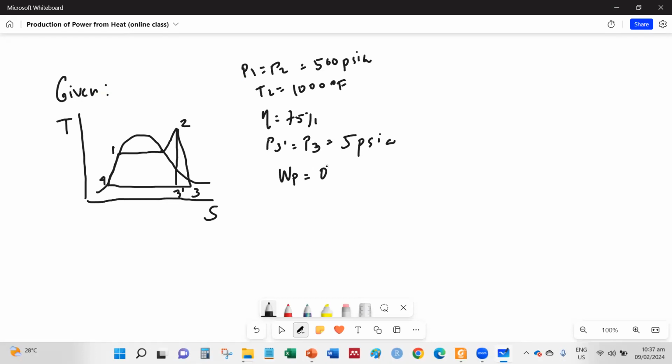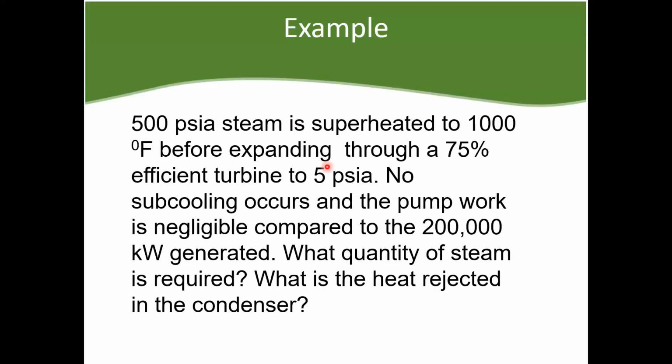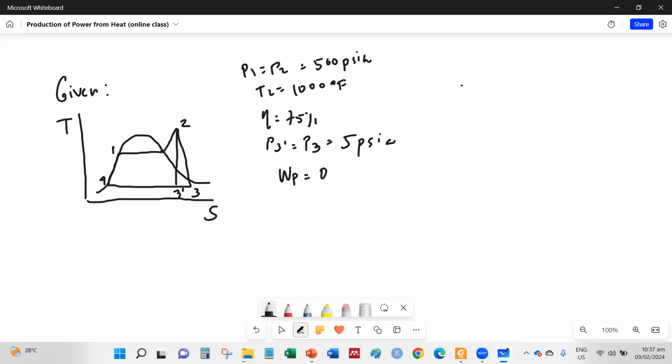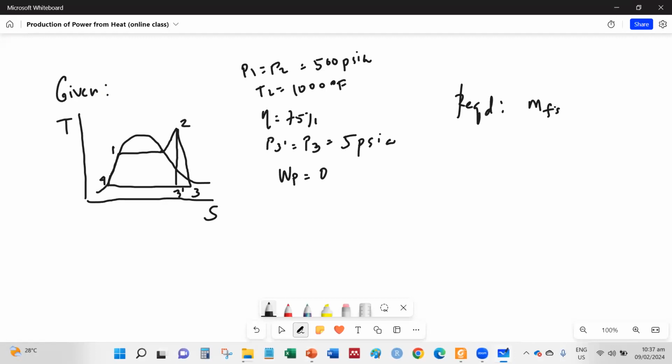So the required values are the quantity of steam, which would be the mass flow rate of steam, and also the heat rejected in the condenser, which would be our QH.